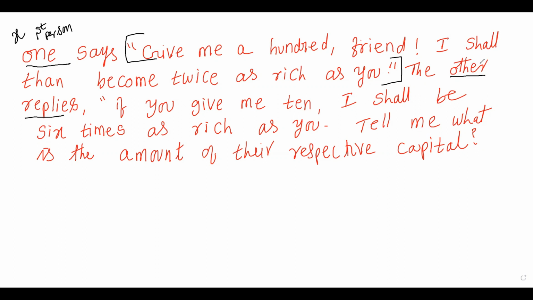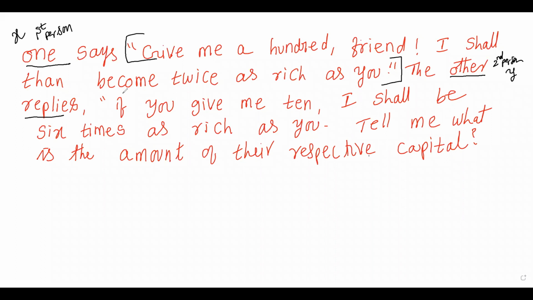The other is second person. Second person has an amount of Y. In the end, he is asking us what amount, what capital they initially have. That means we have to find X and Y.